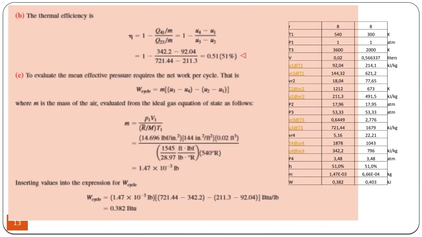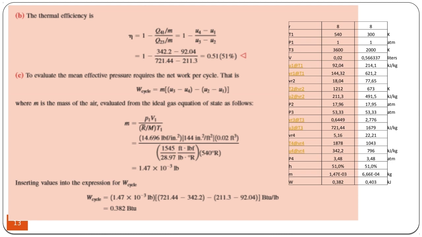By using the efficiency equation, the efficiency is 1 minus Q41, which is the heat removed, heat rejected from the system, divided by Q23, which is the heat added to the system.